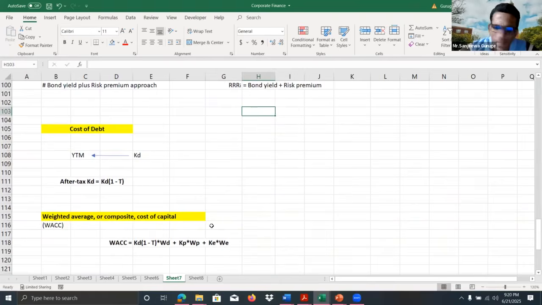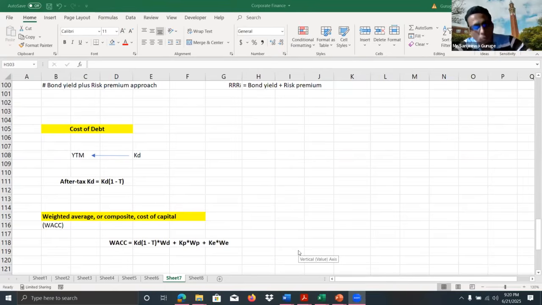Cost of debt is simply the calculation you all mentioned earlier. In fact, here there is one question: what about country risk premium? Because when we say risk premium, that risk premium should incorporate everything. It's correct.